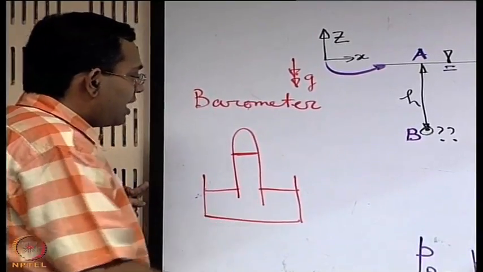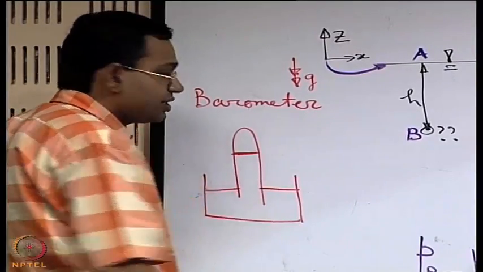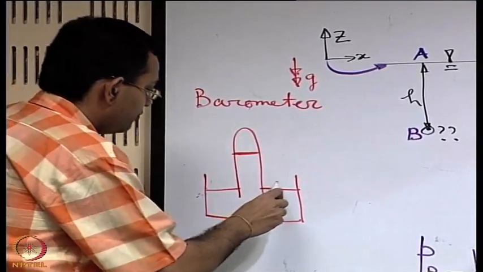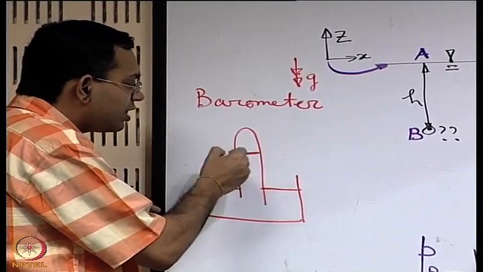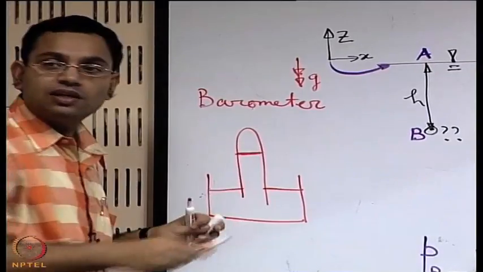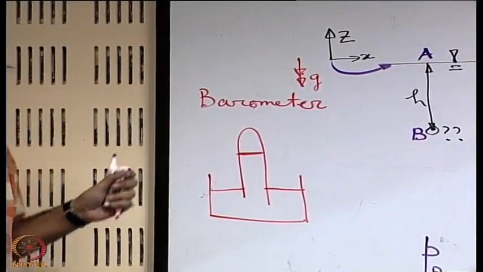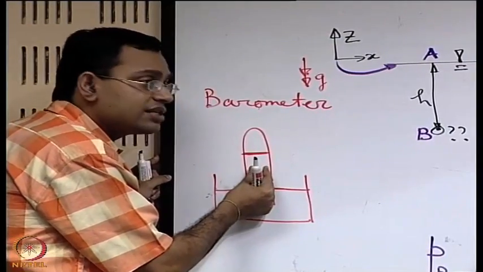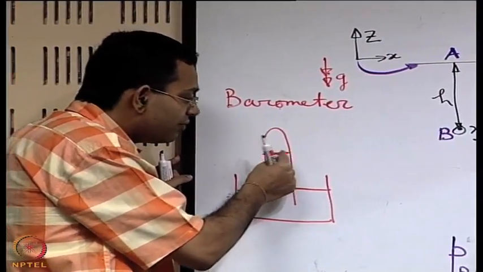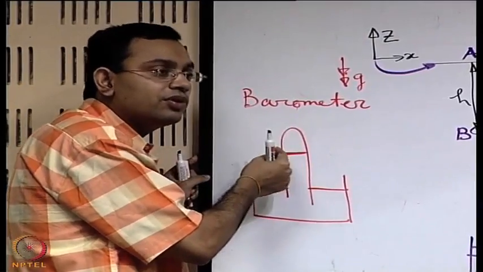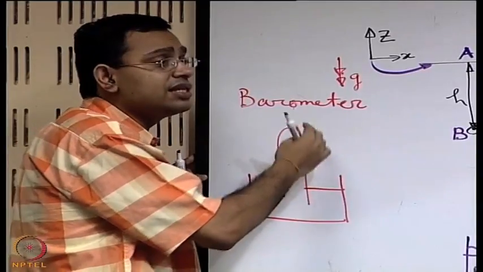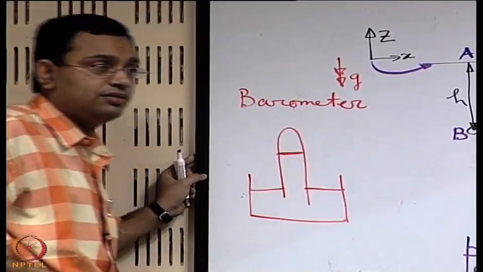Now there are various forces which are acting on this. One is, we are of course neglecting the local surface tension effect and the capillary formation. You must keep in mind that as this radius becomes smaller and smaller, the effect of the curvature may be more and more important because surface tension effect will be more and more important and there may be significant errors in reading because of that.